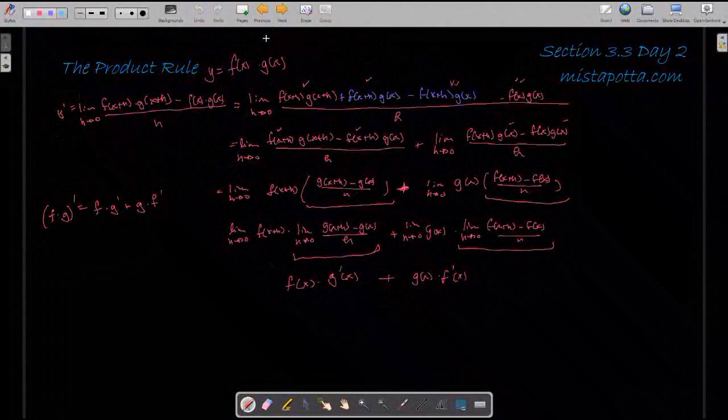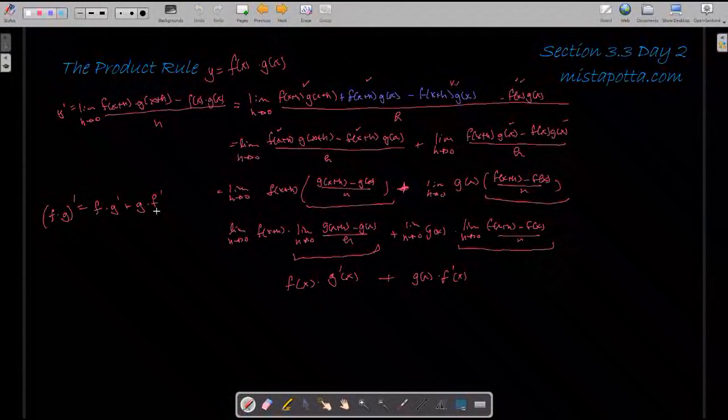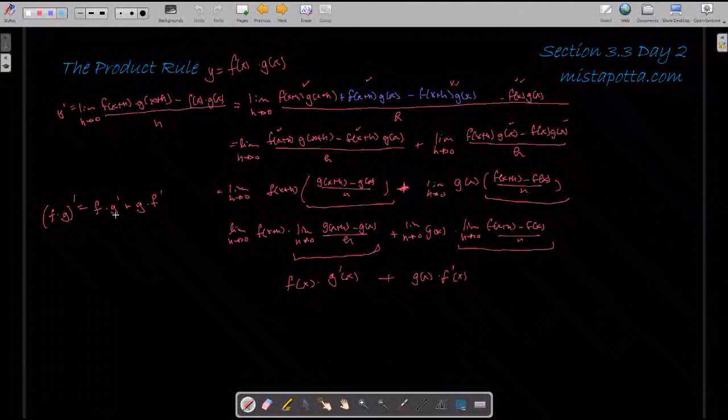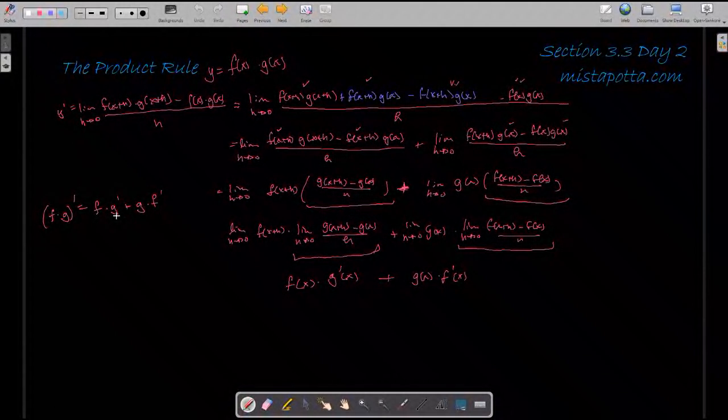I have to use the product rule. The product rule says I'm going to take the first times the derivative of the second plus the second function times the derivative of the first function.